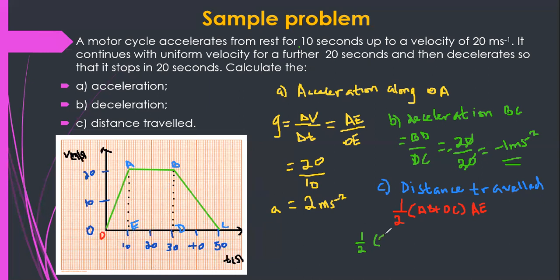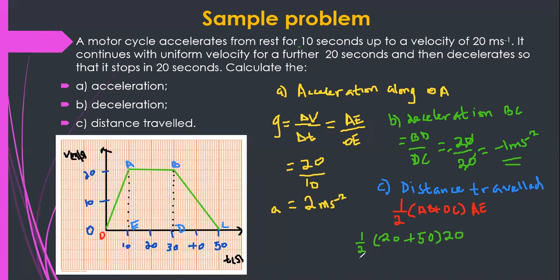So AB is 20, plus OC. From 0 here to C, which is 50. So we write 50. Multiply by AE, which is our height, and our height is the maximum velocity, which is 20. And then we calculate.